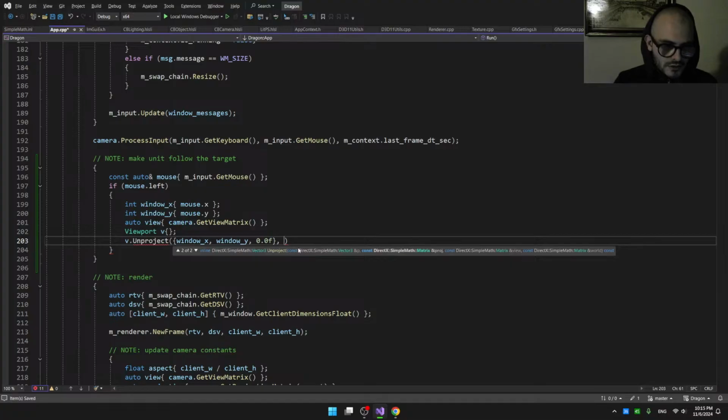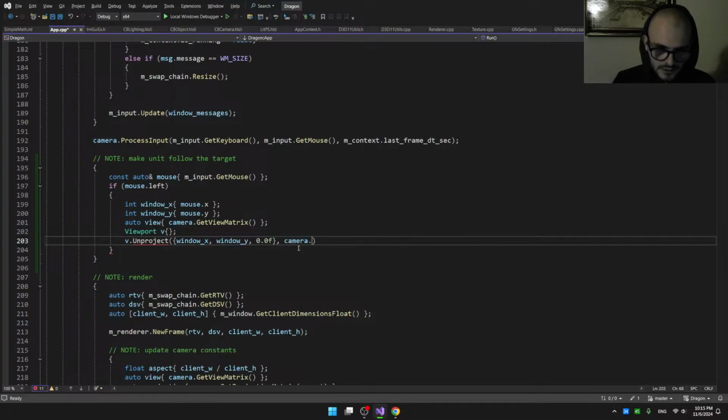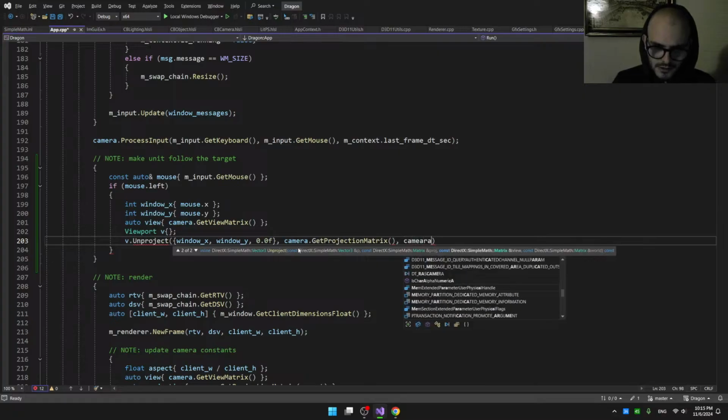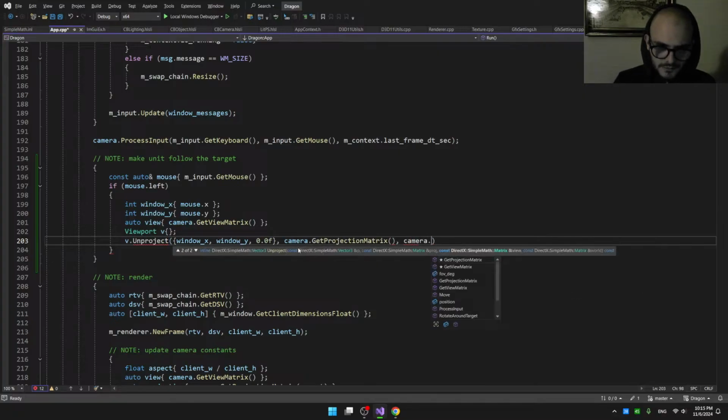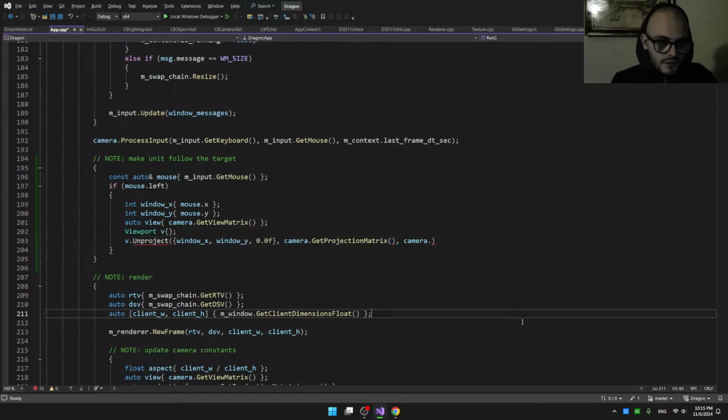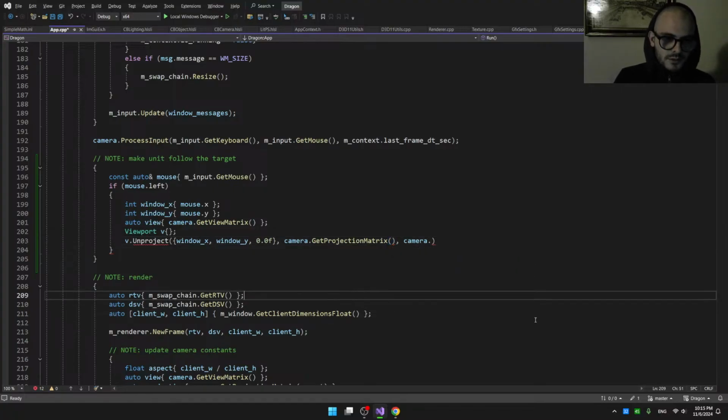The projection is camera.get projection matrix. Camera. What's your problem? The aspect, of course you need it. Well, whatever.